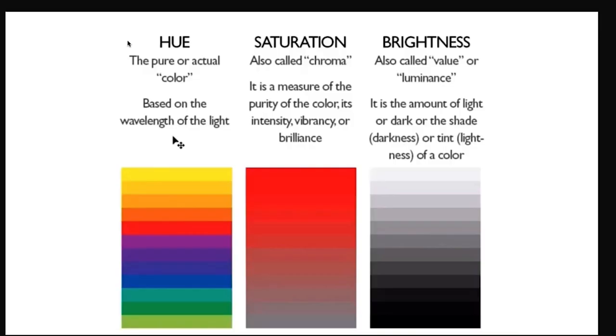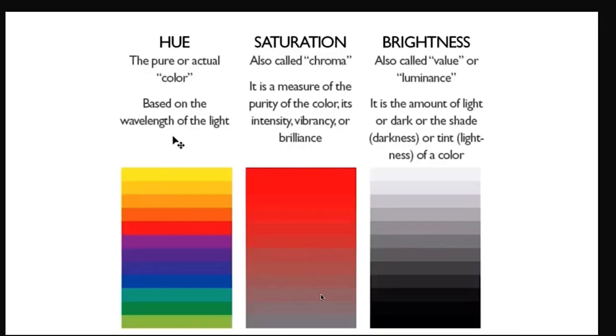It also measures its intensity, vibrancy, or brilliance. So in this case, you see that we're going from what we call middle gray, or right in the middle of that tonal range, up to red. And the more gray we add, or the more red we remove, the more it appears to be desaturated. And again, less vibrant, less brilliance.